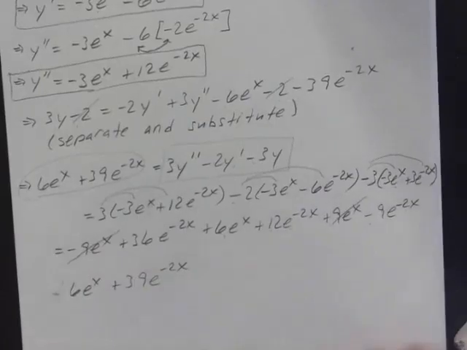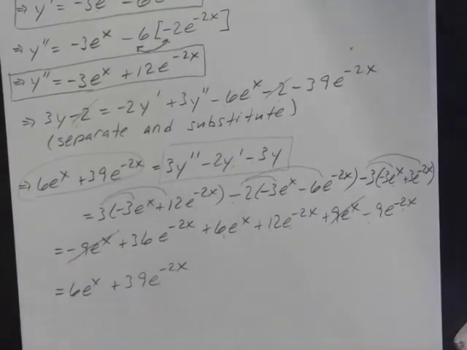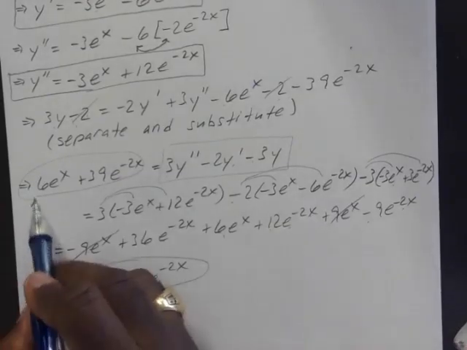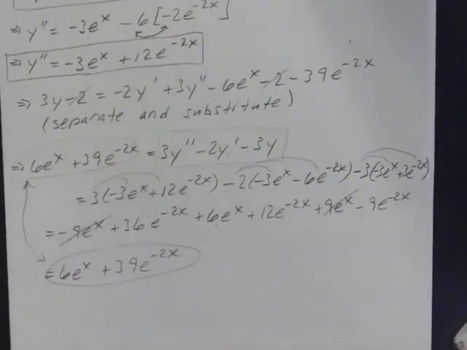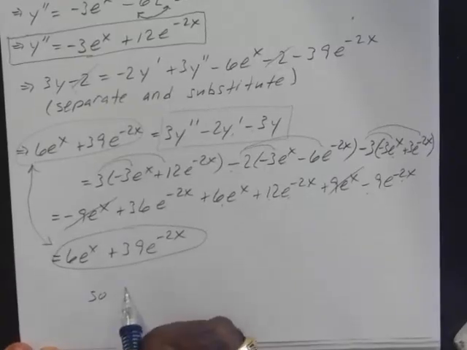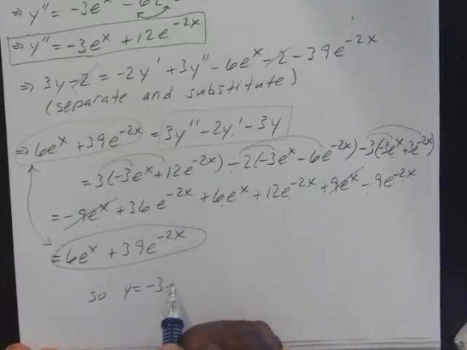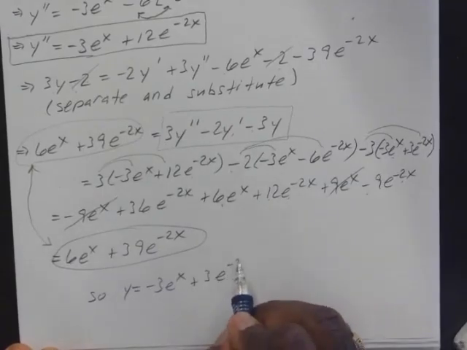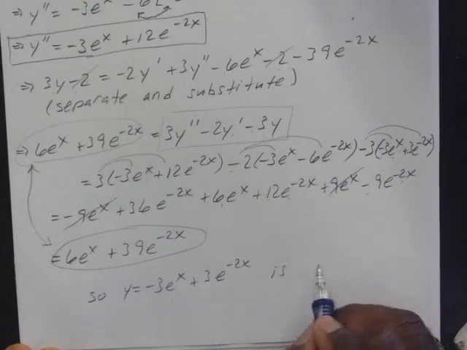Make that equal sign a little bit clearer. So we see that these two are equivalent. So we know that it is a solution. So y equals negative 3e to the power of x plus 3e to the power of negative 2x is a solution.